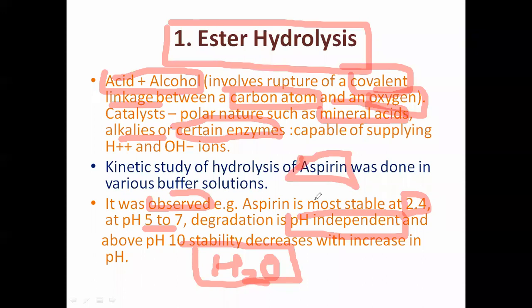Now the degradation for aspirin, which is an ester molecule, is pH independent, and above pH 10 the stability decreases as there is an increase in the pH. As the pH is moving toward the more basic part, you will find that the stability of the aspirin is decreased.